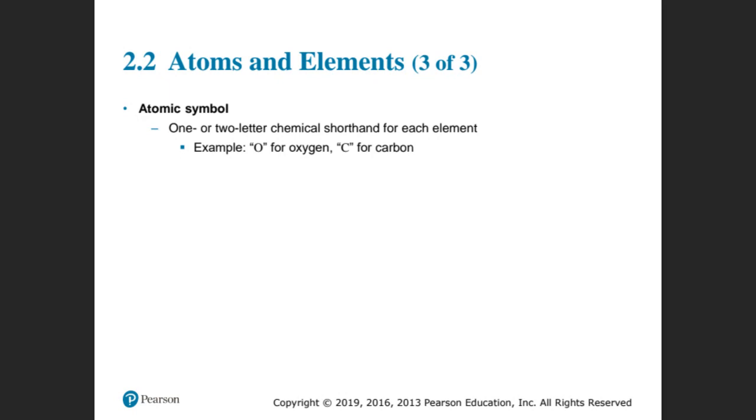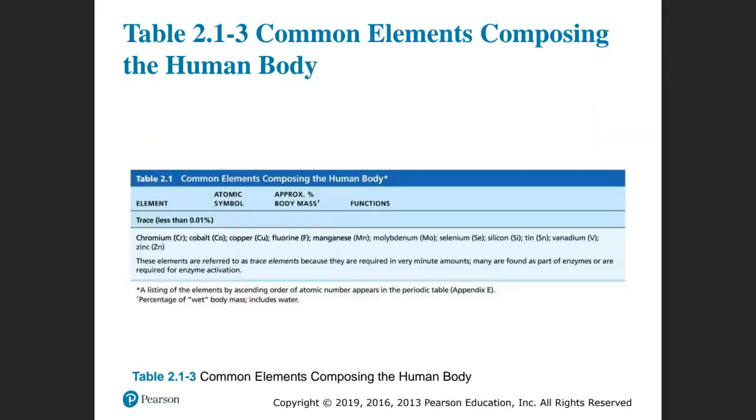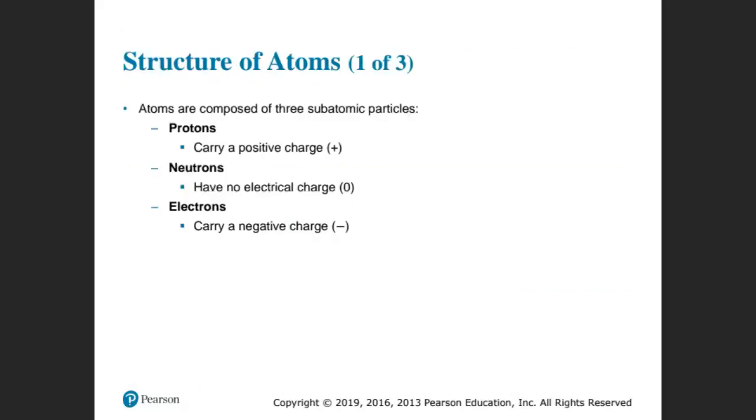When we see the atoms listed within the periodic table, we see a specific atomic symbol for the elements, and that could be one letter or two, and sometimes they make more sense, like O for oxygen. Some are a little bit different, like Na for sodium, so that comes from a different language in the term for sodium. All right, so we'll skip through some of this, but there is some good information about these elements in your text just in case you want to look through those tables.